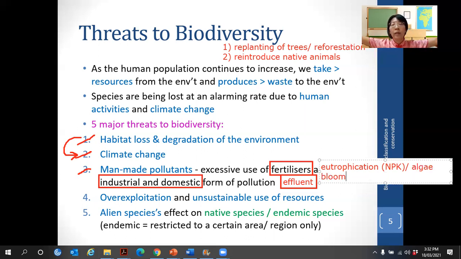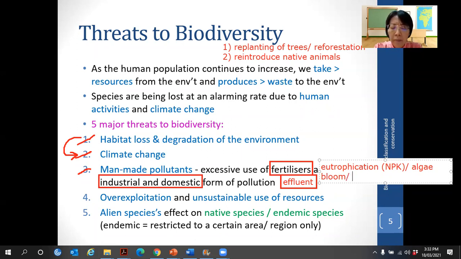So algae bloom on the surface of the river, surface of the lake, and then the sunlight cannot penetrate the water. So all the aquatic plants at the bottom of the riverbed and the bottom of the lake will actually die, cannot photosynthesize. And then the fishes that depend on them also die, and there's a lot of decomposition happening.